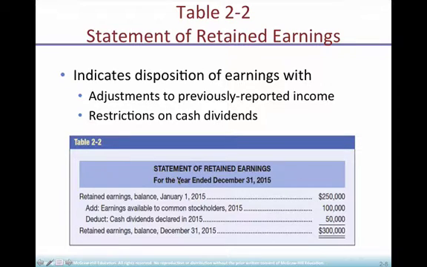In this case, for our business, we have retained earnings balance before this year, 250,000, plus how much money common stockholders made this year, 100,000, and they take back, as you remember from income statement, 50,000, and then the rest, 50,000, goes back to the balance from the beginning of the year. So this year they are going to end up with a total of 300,000.